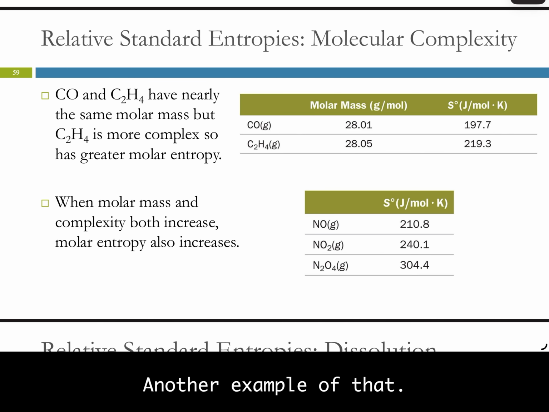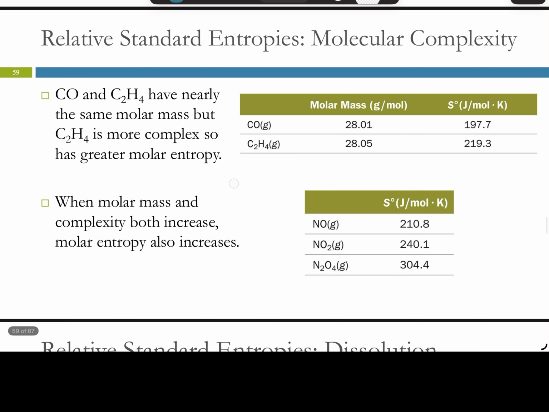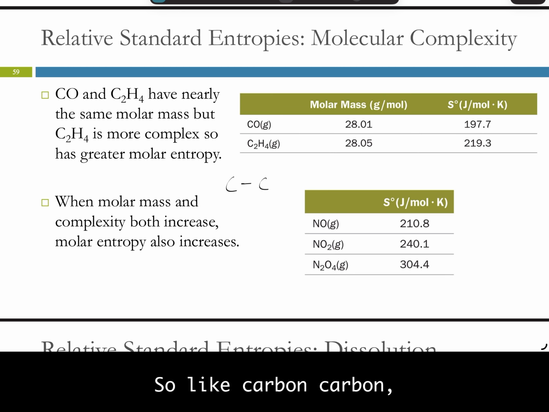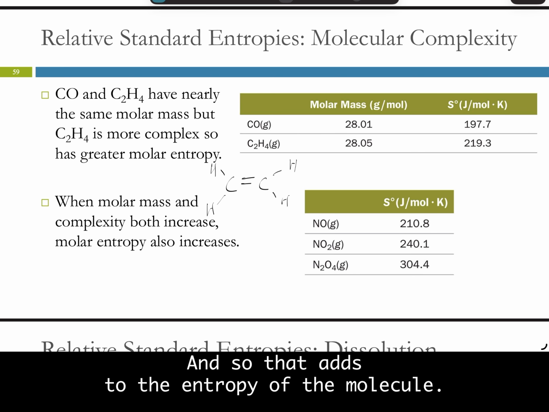Another example of that, carbon monoxide and ethene, C2H4, have nearly the same molar mass, very, very nearly, but C2H4 has more molar entropy because there are more bonds between the carbons, there's a double bond there. All of those bonds can stretch and move and wiggle, and so that adds to the entropy of the molecule.